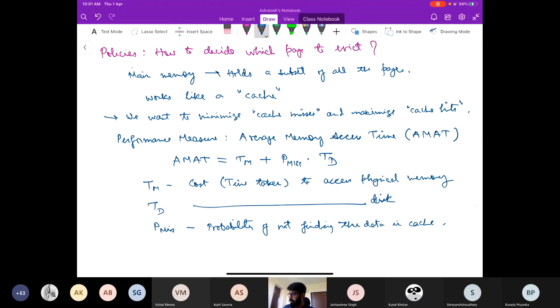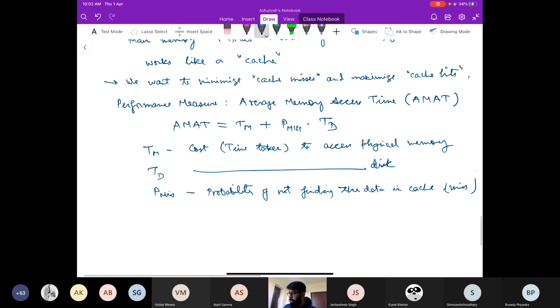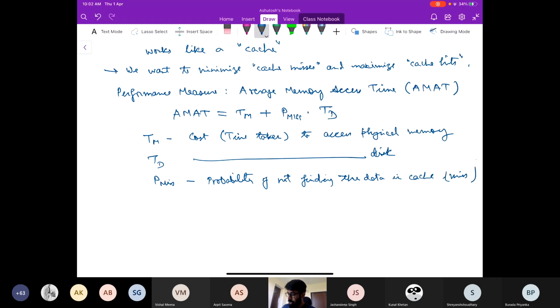Sometimes this Pmiss is also measured in percentage, called the miss rate.